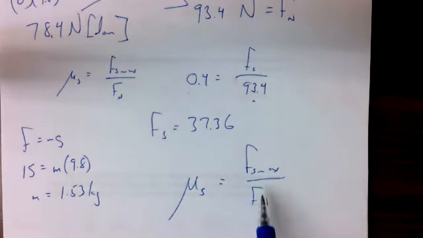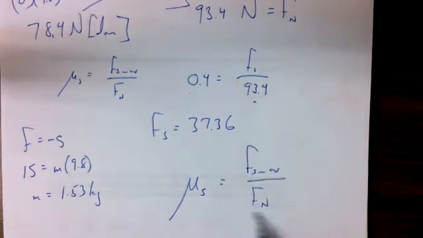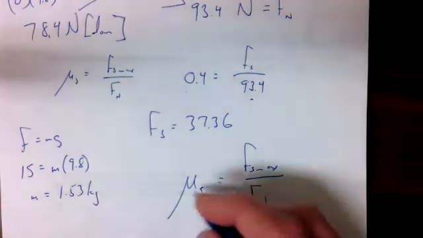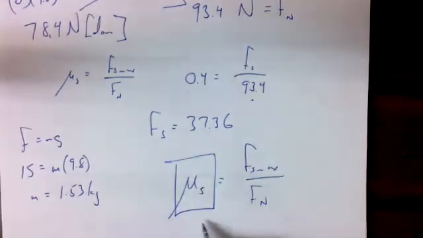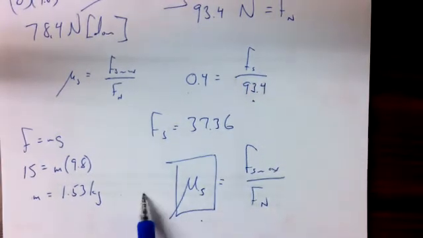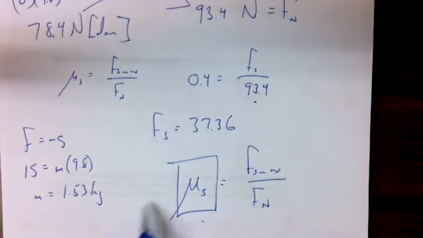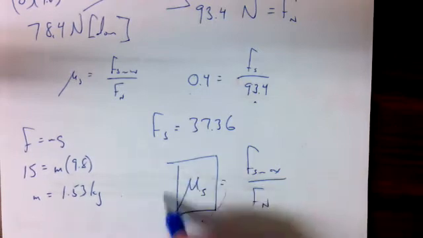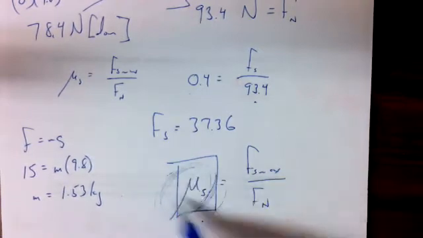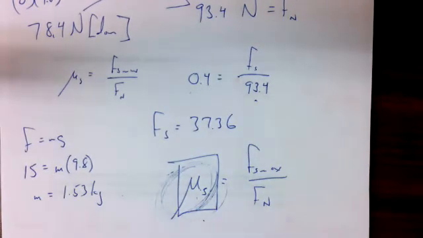If we increase the mass of the object, all that does is increase this, and if this increases, this has to increase because this is a static figure. That's like that table we were given: rubber on ice, rubber on rubber, rubber on dry concrete, rubber on wet concrete, steel on steel, all that other stuff. Because when two surfaces rub against each other, they have a coefficient of friction.